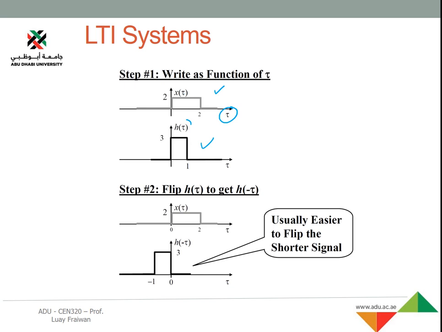Usually it's easier to flip the shorter or simpler signal. For example, I'm going to flip h: I take the time reversal of h of tau to get h of minus tau, which is just flipping around the vertical axis.